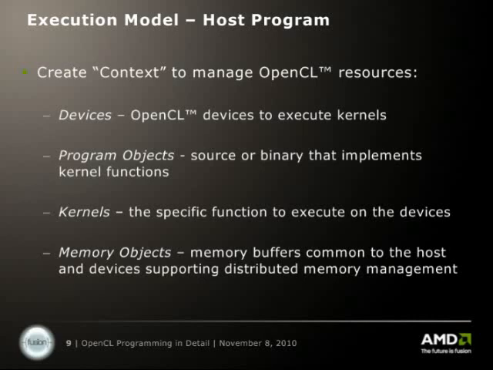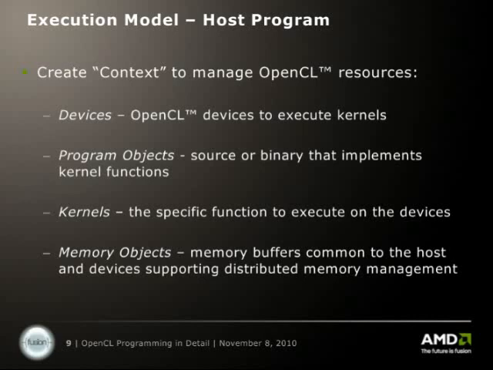There are also program objects. OpenCL supports a just-in-time compilation model, and so it provides an API for managing both source and binary kernel implementations. There are also the kernels themselves, which would be the compiled and linked executables ready to run on one or more devices.